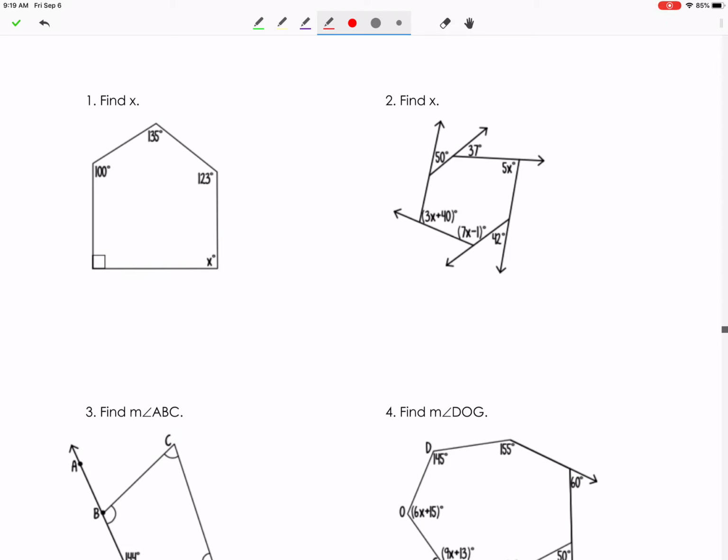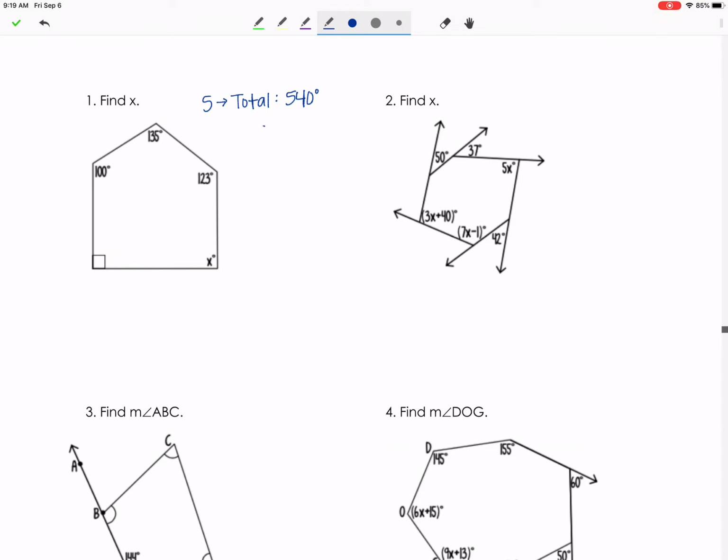So for instance, in number 1, if they want us to find the measure of x, the first thing I should notice is how many sides we have. We have a 5-sided figure, so the total for a 5-sided figure, remember, is 5 minus 2, that's 3. 3 times 180 is 540 degrees. It doesn't matter that it's not regular in this case, the total is still 540 regardless.